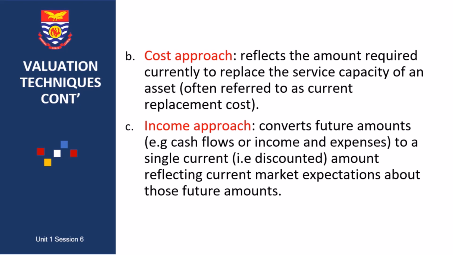Then the third approach is what we call the income approach. With the income approach, we convert future amounts, that is cash flows or income and expenses, to a single current amount. So we have to convert all future amounts, cash flows, income and expenses, to what? A single current discounted amount.